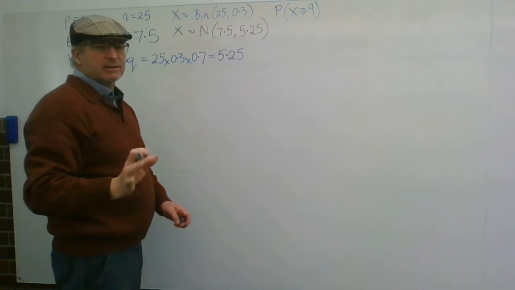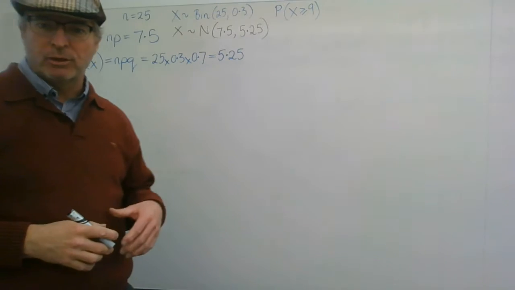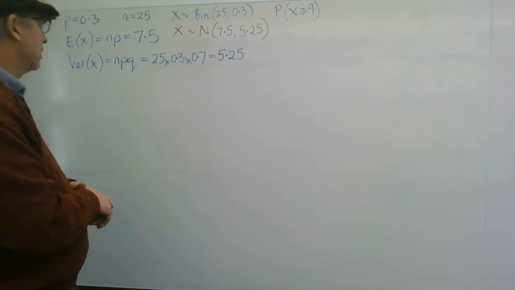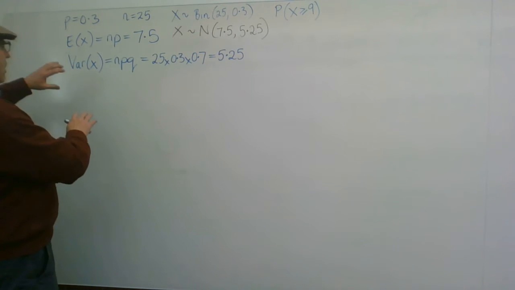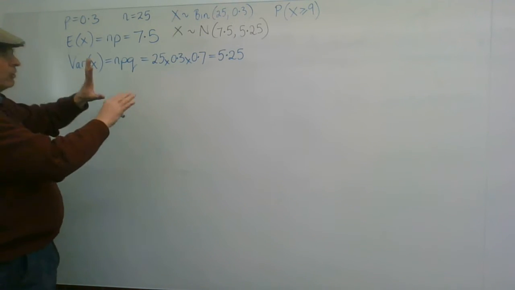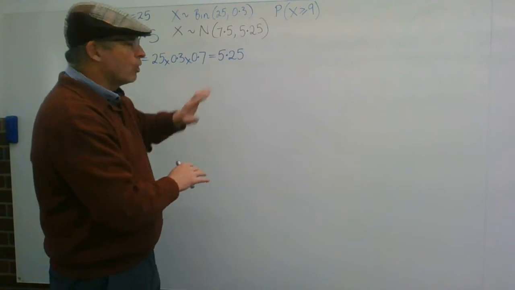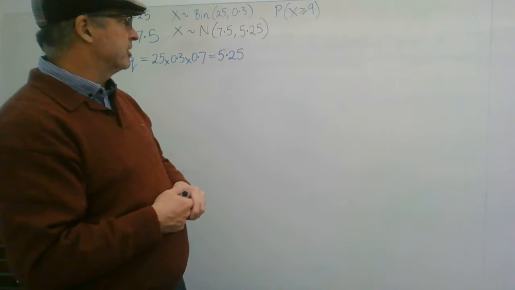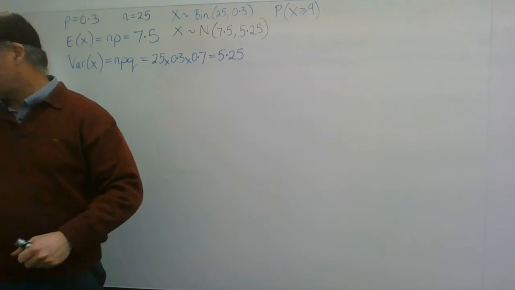Remember, that's the variance, so I need to square root that if I'm going to be using z-scores and calculations like that. All right, so now I can get rid of this stuff because I've used it to figure out which normal distribution is going to slot on top of my binomial distribution and approximate it.